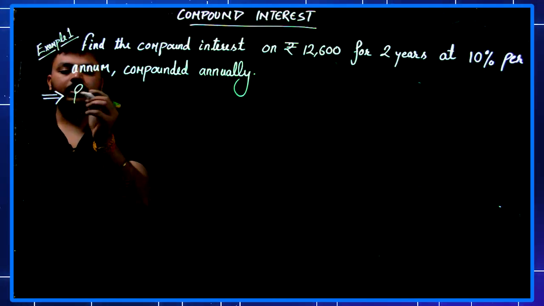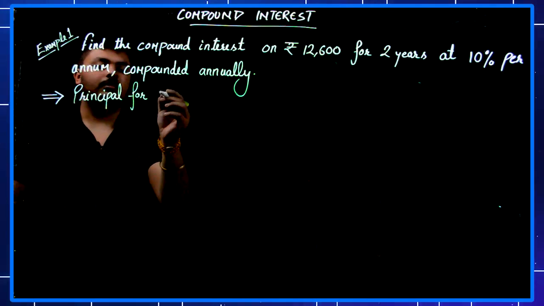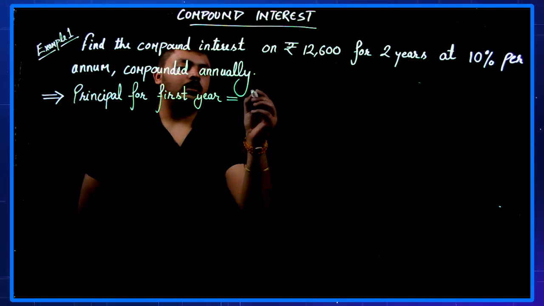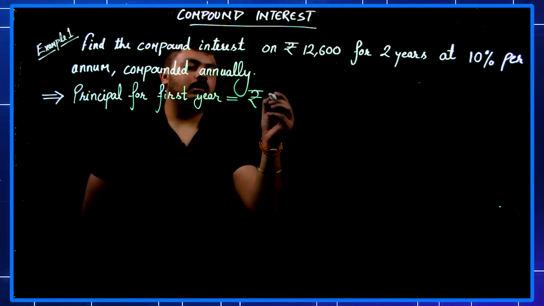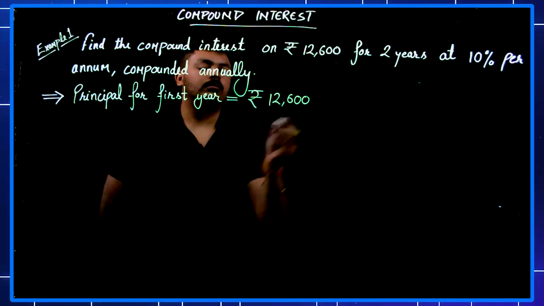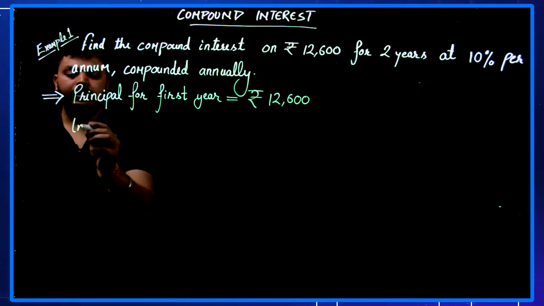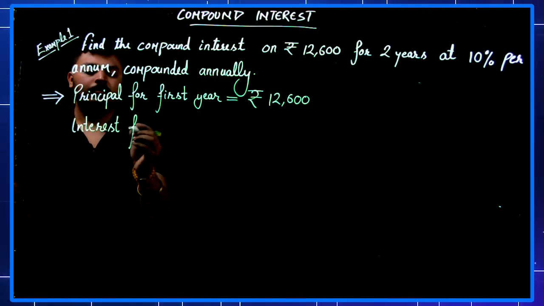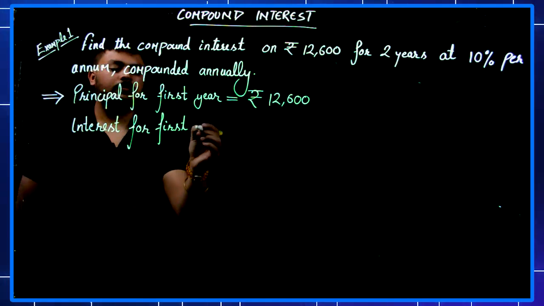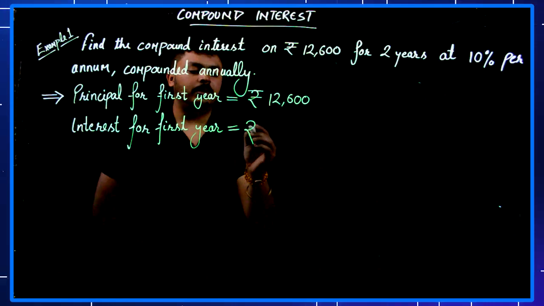So the principal for first year equals rupee 12,600. So now the interest for first year equals rupee.